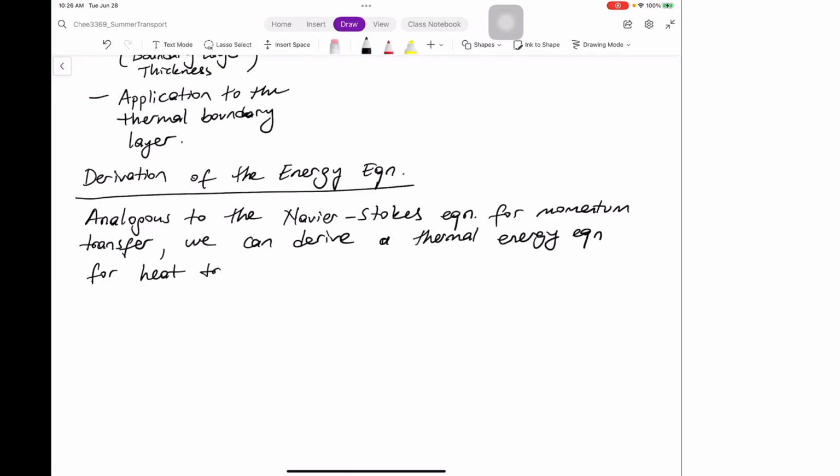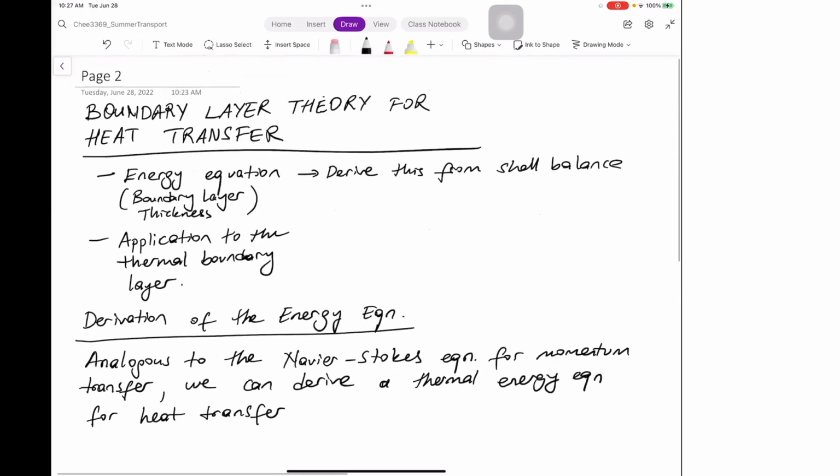Okay, and I actually forgot to tell you which chapter we are dealing with, right? So this is chapter 19.4, not the derivation, by the way.